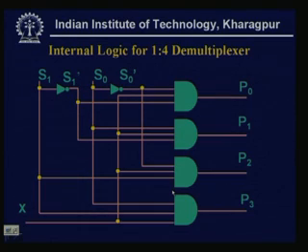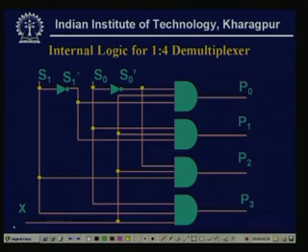Now, this is the internal logic for 1 to 4 demultiplexer. Now, multiplexer has several input lines, but only one output line. Here the totally reverse thing is there.